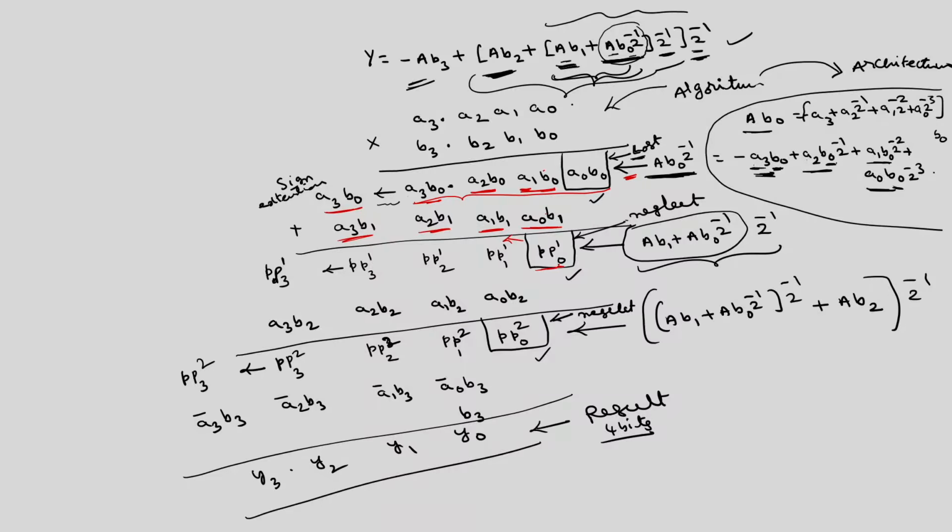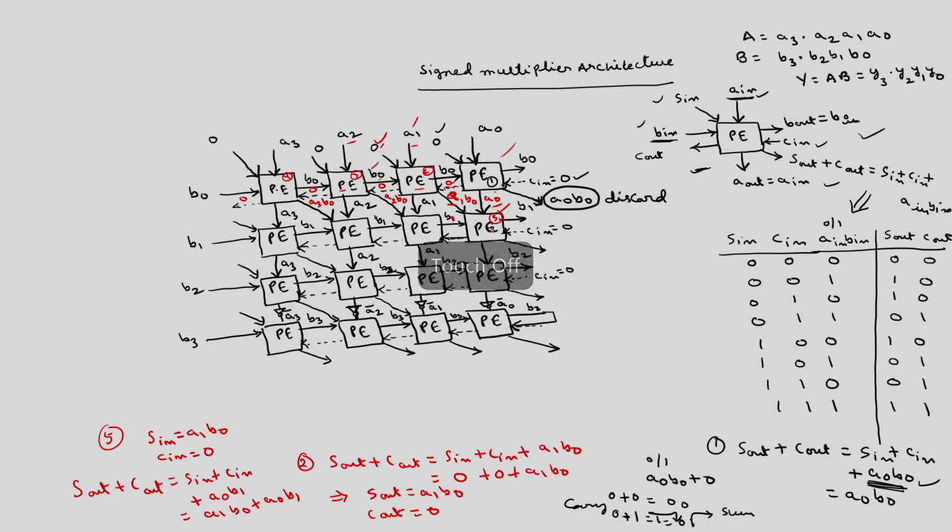So, the sum bit of this stage is PP01, that also we are going to discard. The sum bit of this processing element 5 is PP01, this also we are going to discard. And this carry bit is not 0.